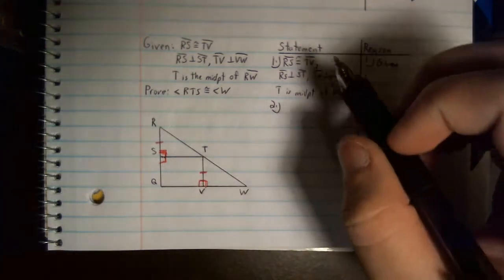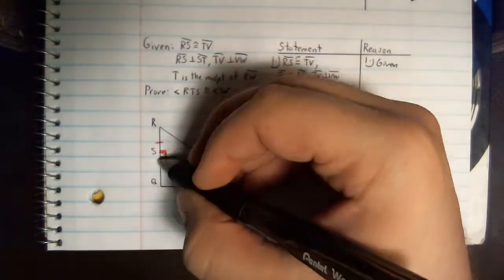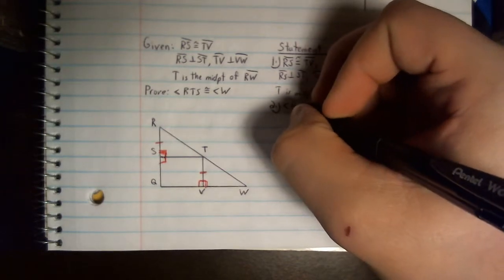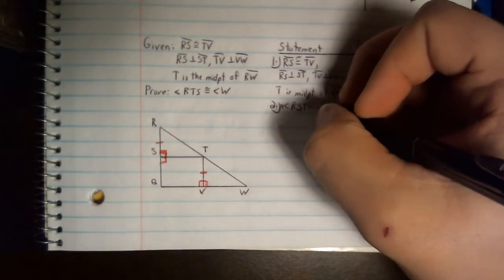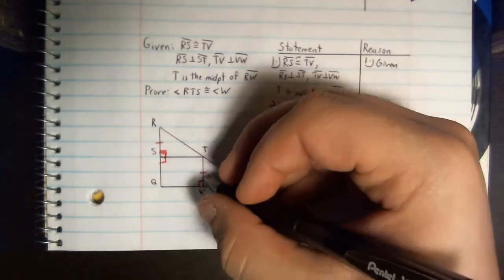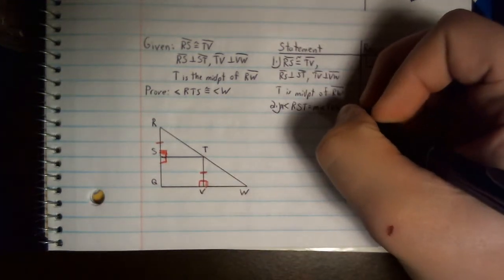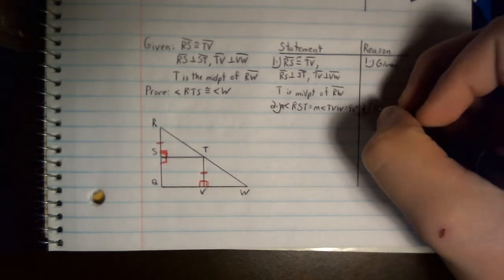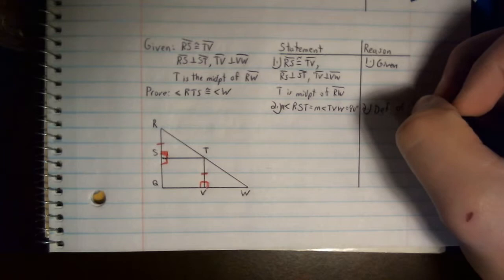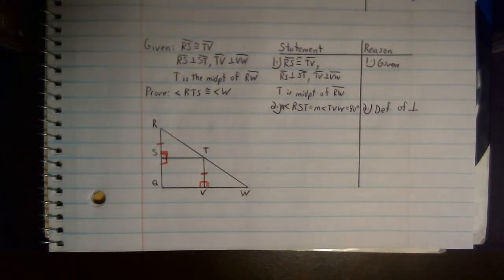So I'm talking about the measure of angle RST equaling the measure of angle TVW, which is going to be 90 degrees. That's the definition of perpendicular.